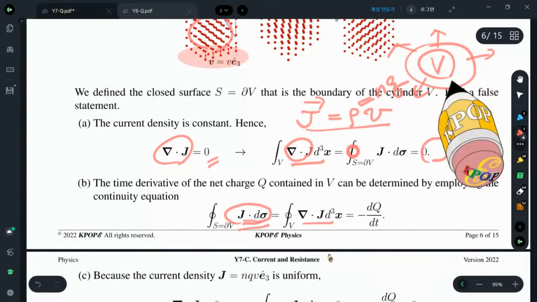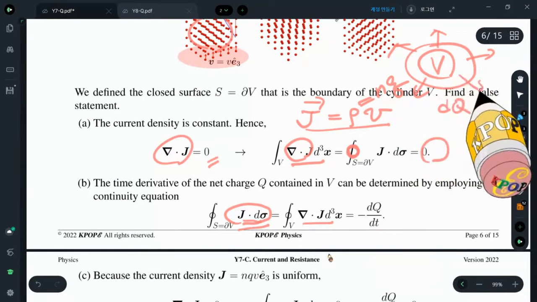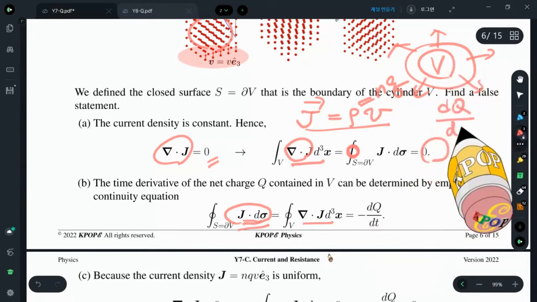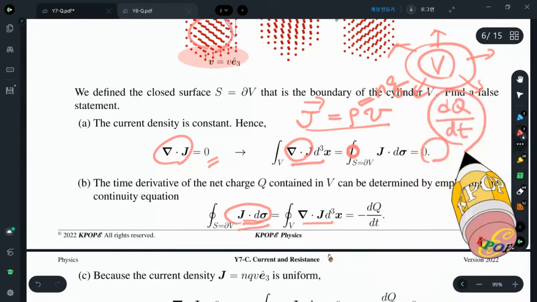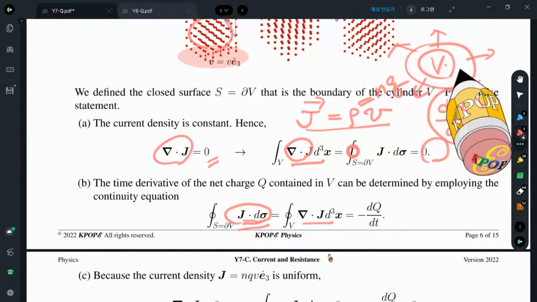So if the net charge dq has been emitted from this volume per dt, what is the change in charge inside this volume? Because the electric charge is conserved.